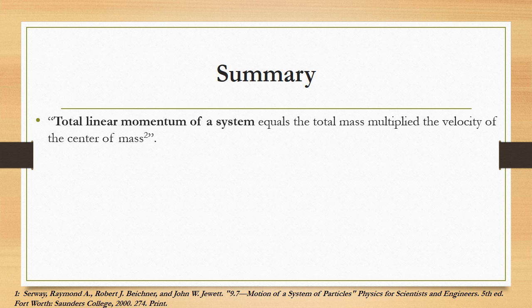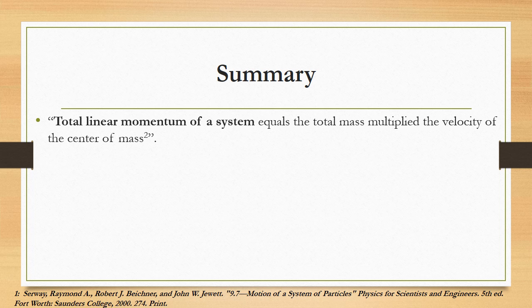The total linear momentum of a system is equal to the total mass of the system times the velocity of the center of mass. So let's think about the skaters again. Before they began moving, their total momentum was 0. After they both began moving in different directions, their center of mass stayed in the same spot.